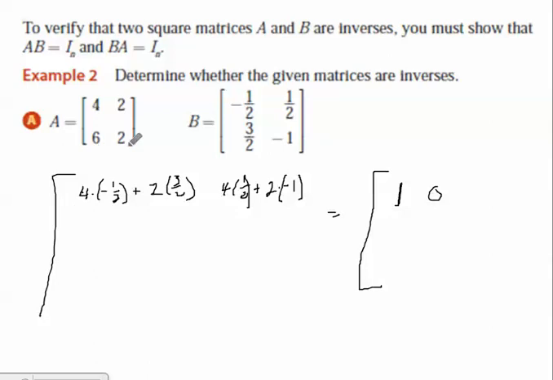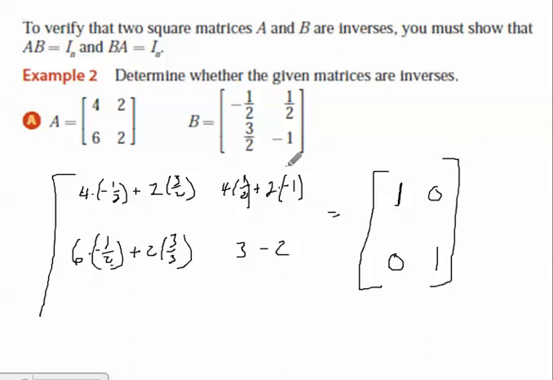So 6 times negative 1/2 and 2 times 3 over 2. That's going to be a negative 3 plus 3, which is a 0. And 6 times 1/2 is a 3, and 2 times negative 1 is a negative 2. That gives me a 1.